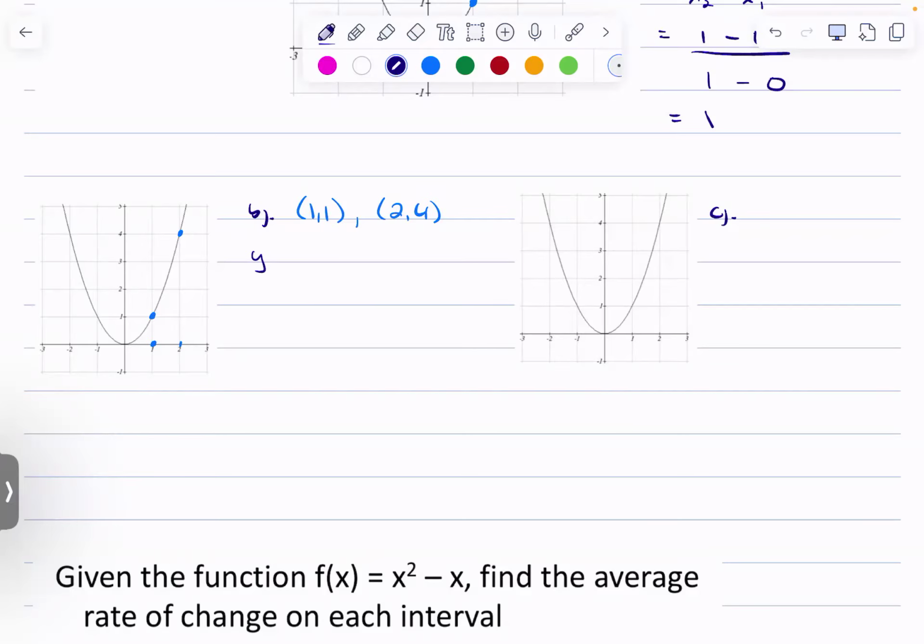The average rate of change equals, I give myself permission. Fine, you can have permission too. Y2 is 4. Y1 is 1. And x2 is 2. X1 is 1. 4 minus 1, I'm going to go with 3 over 2 minus 1, which is 1, giving me 3.